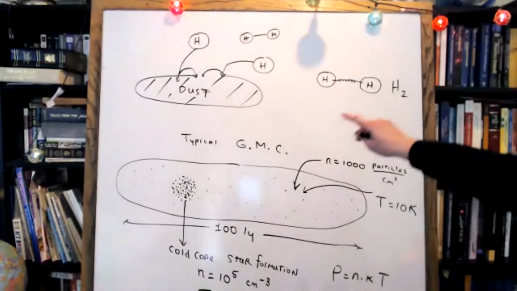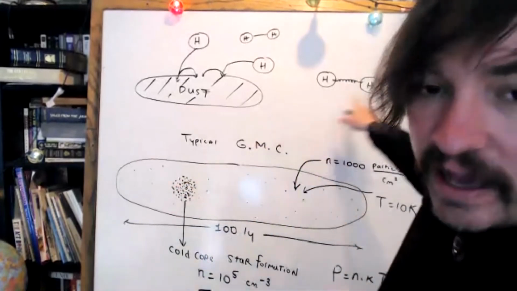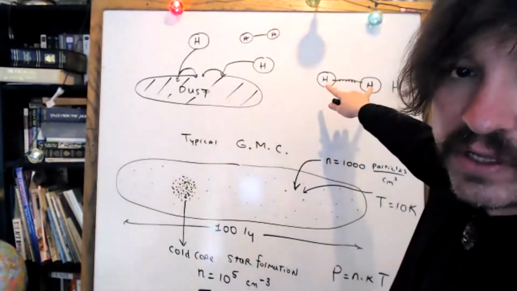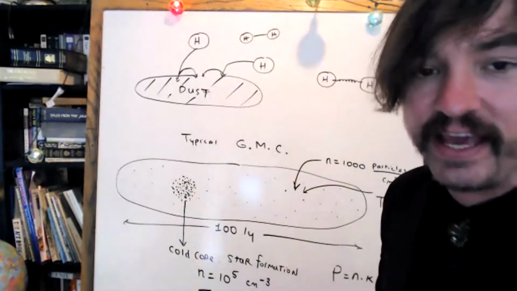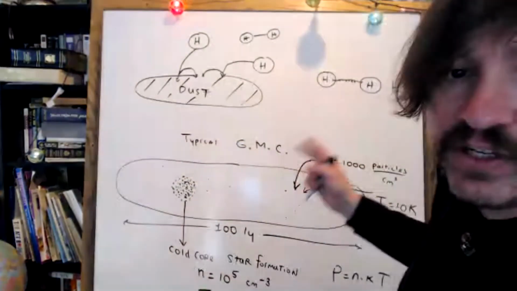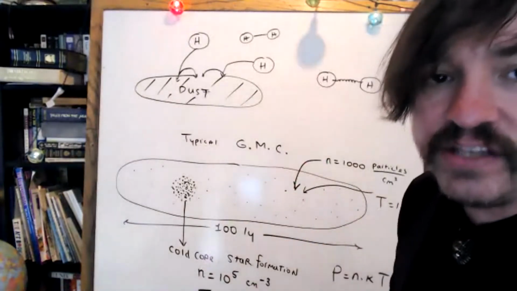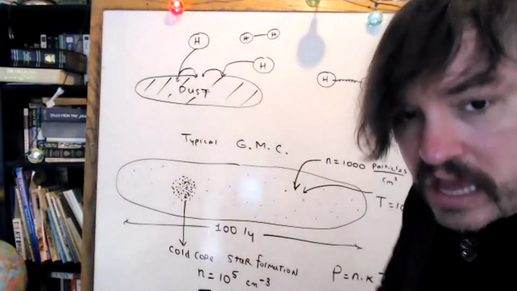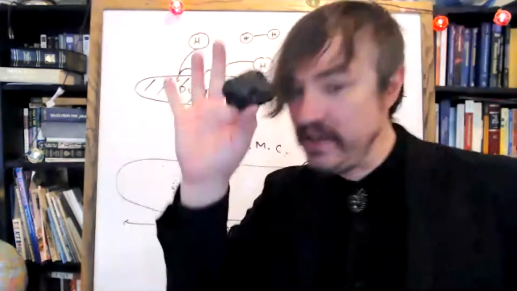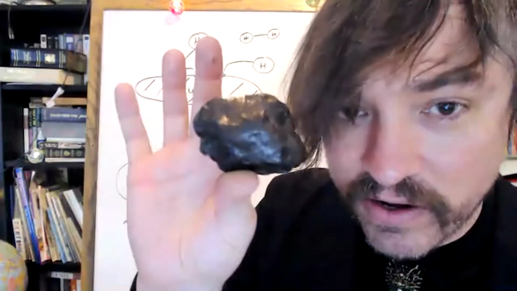All right. Now, first of all, this is helping the cloud clump up a little bit. But here's the next thing. Individual hydrogen atoms and individual hydrogen molecules can't generate this much energy. But a dust grain is, even though tiny, a solid particle.